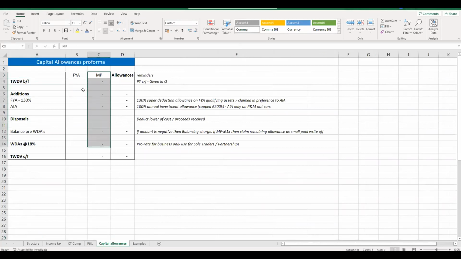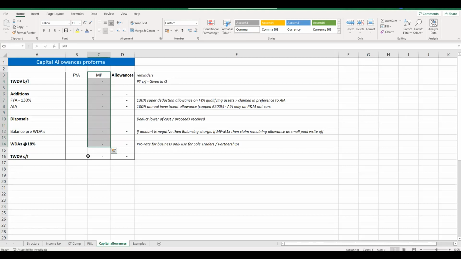You're going to have your different pools, but probably the most fundamental difference, and it goes back to what I was saying at the start, is that there's going to be no adjustment for any private use of those assets, because as we've said, the company can't get in and use the car. The company can't drive the car anywhere. If the company has incurred the cost of any asset and their employees are using it in a personal capacity, that's the issue for the employee.